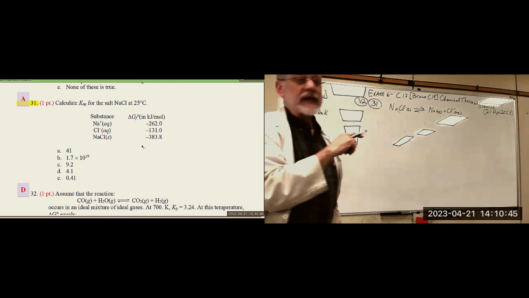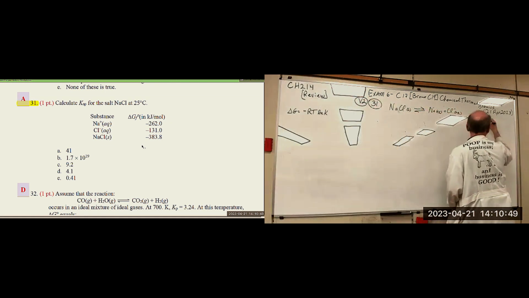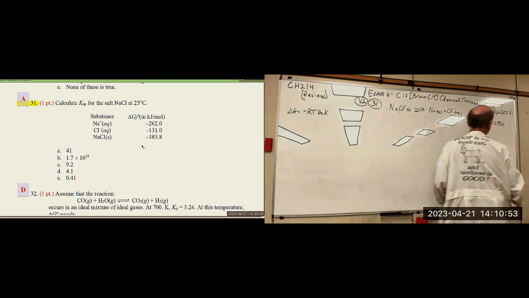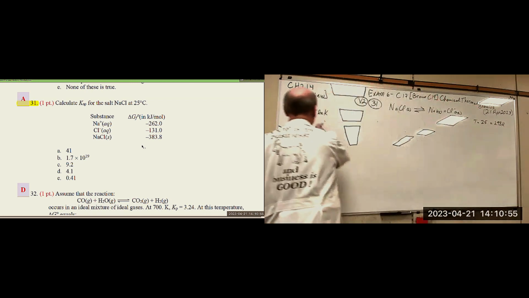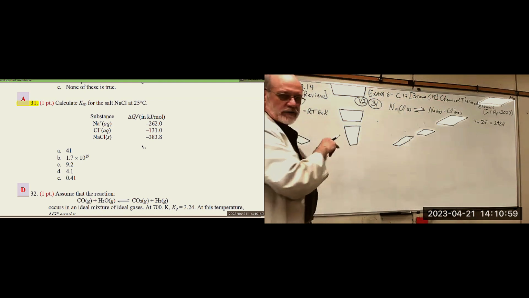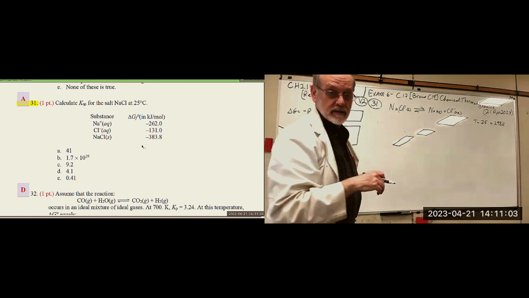Were we given temperature? Yeah, 25 degrees. T equals 25, which is equal to 298 K. We do need that. We got that. We need delta G. So what's the delta G for this one? Oh, okay. We can calculate it.